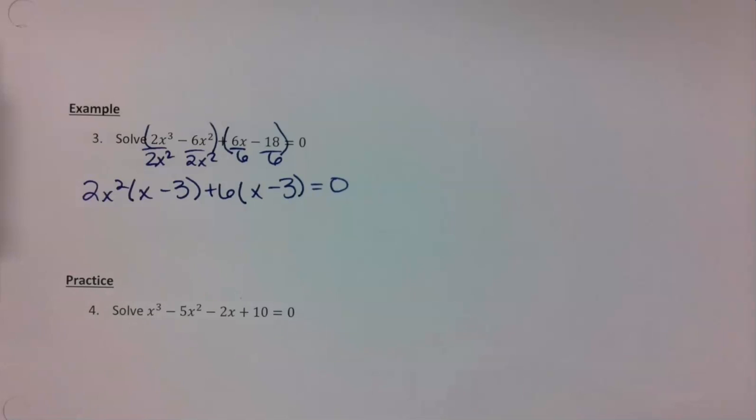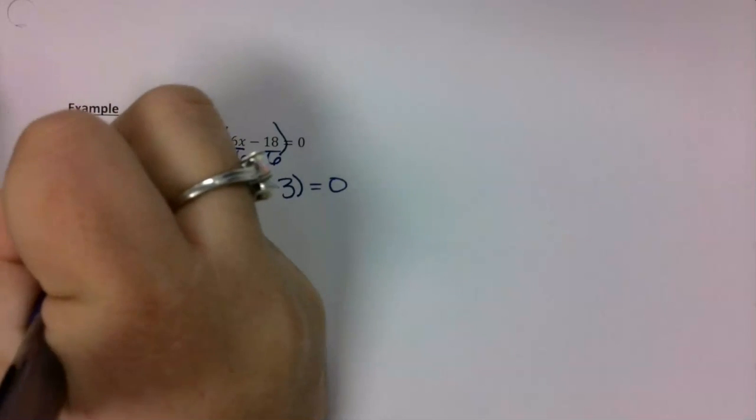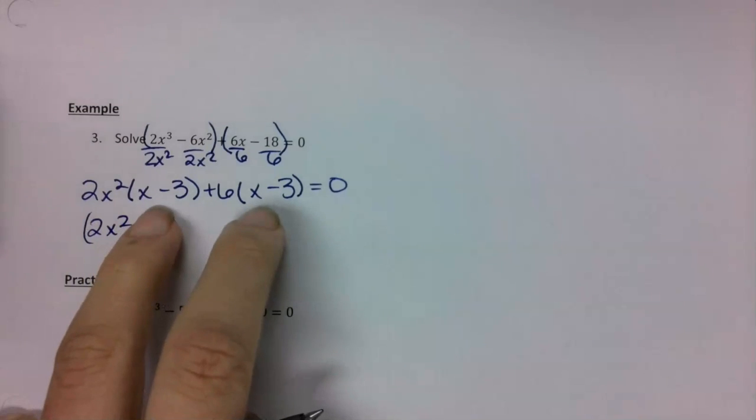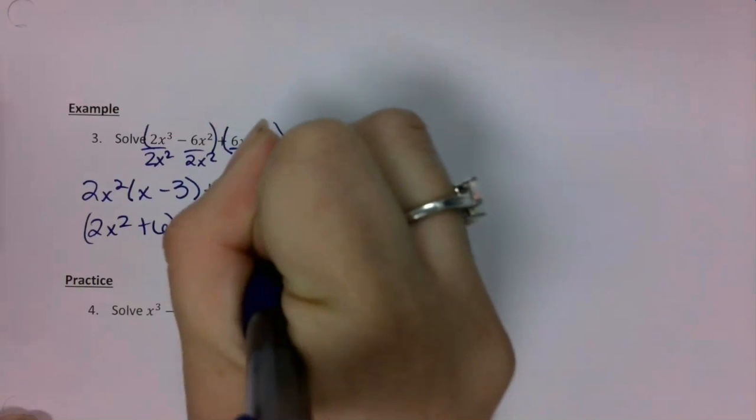Okay. Then I want to take my two outside pieces, the 2x squared and the 6, and put those together. And then the part that was repeated, the x minus 3, gets written once. And this still equals 0.